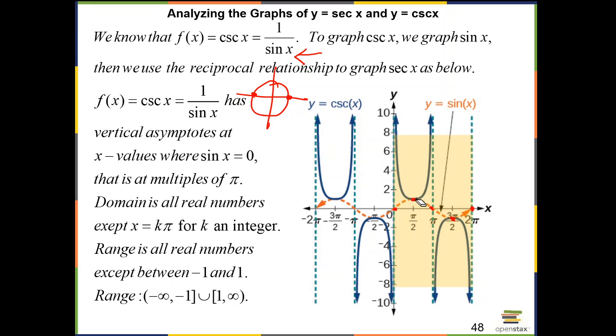So in one period, 2 pi, of sine, there are 3 vertical asymptotes we have to graph. And then it's very easy to graph cosecant.